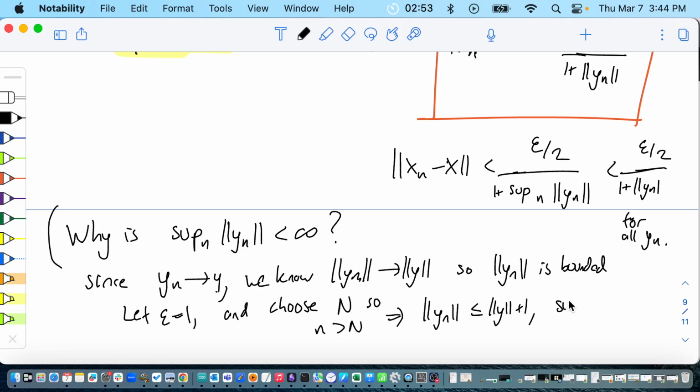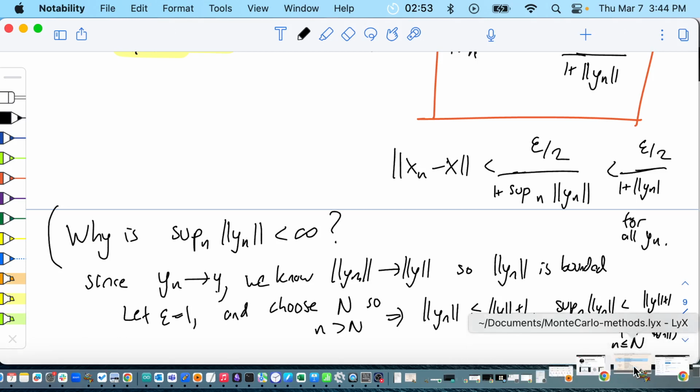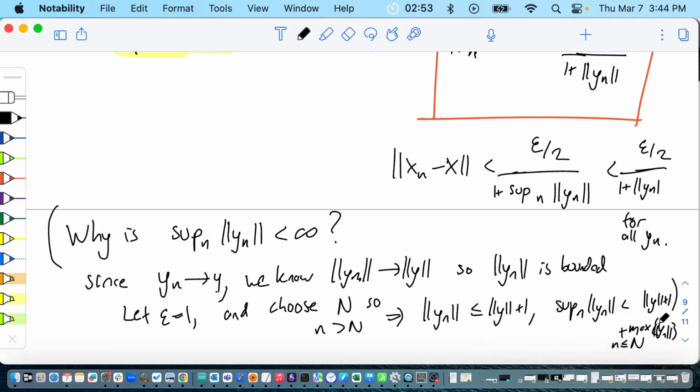And then the sup over n of yn is less than norm of y plus 1 plus the maximum of the first capital N terms of yn. So there's a full proof of why it's bounded if you want. But for sure it would be enough to just say it's bounded.